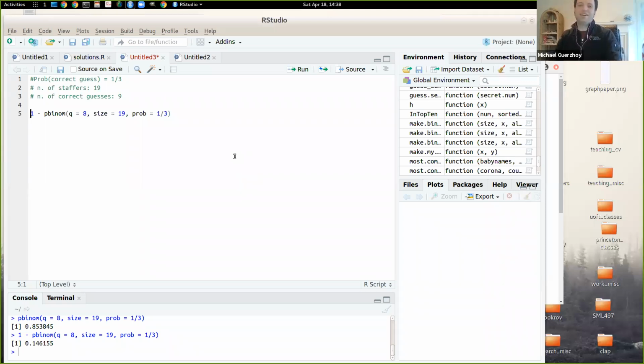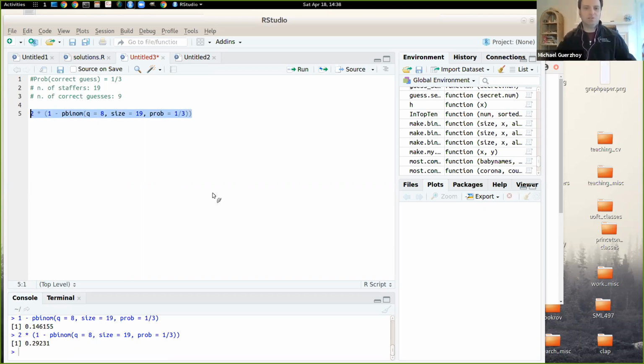So for that reason, we should probably multiply this by 2. You could argue that this is enough, because if anything, people should be able to tell expensive from cheap, but they're not going to be confused the other way. But it's safer to compute this. You'll reject less often if you multiply the p-value by 2, and that would be 0.29. So this is probably the more correct approach.